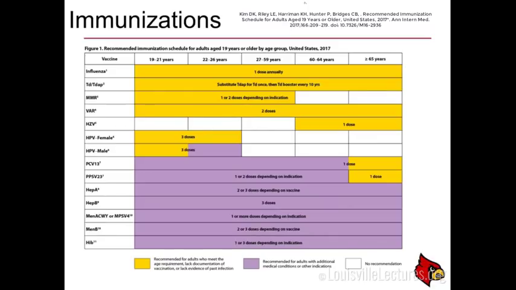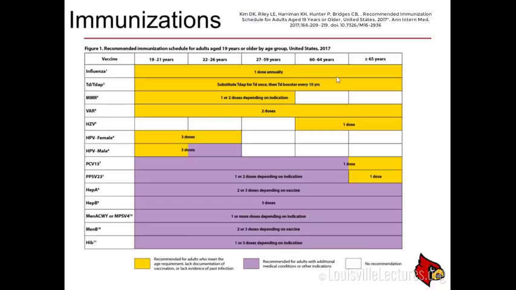If you give the Pneumovax first, when are you allowed to give the Prevnar? If they got it before 65, then 5 years after. Yes, exactly. But the question that I was asking is, if you give the Pneumovax first and then you want to give Prevnar, how soon after that can you give it? Yeah, 1 year.